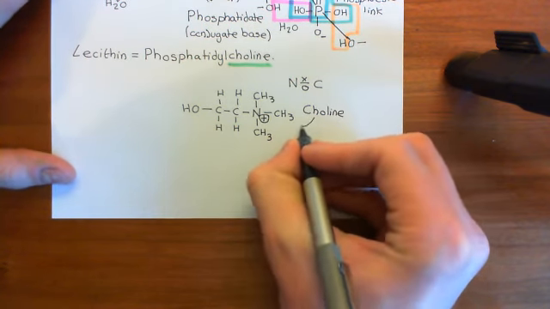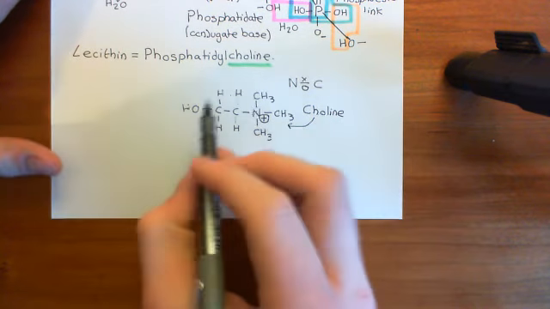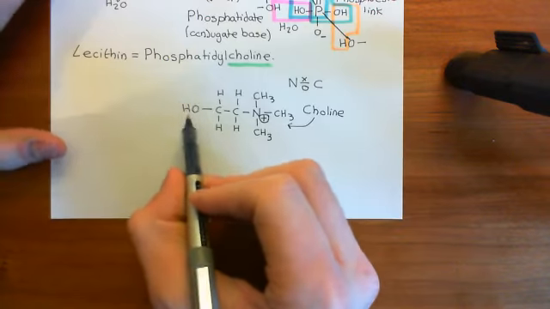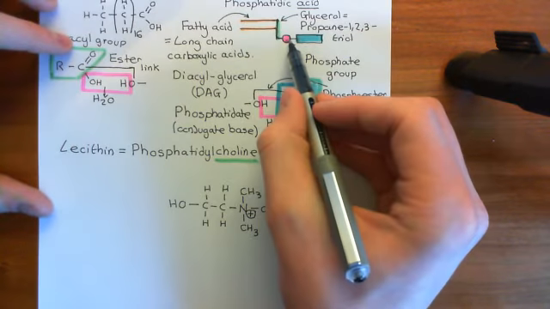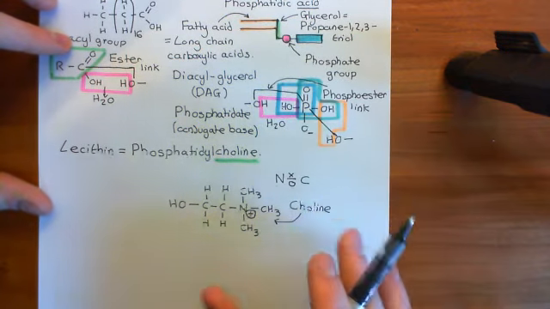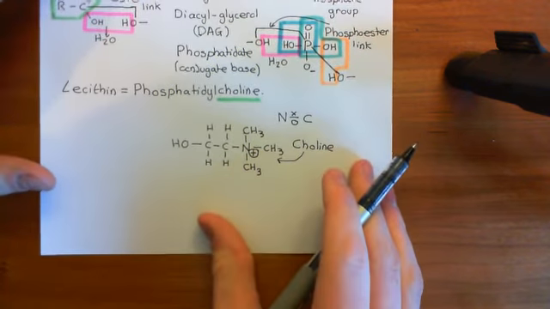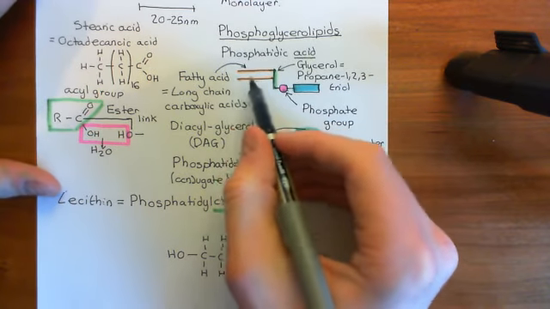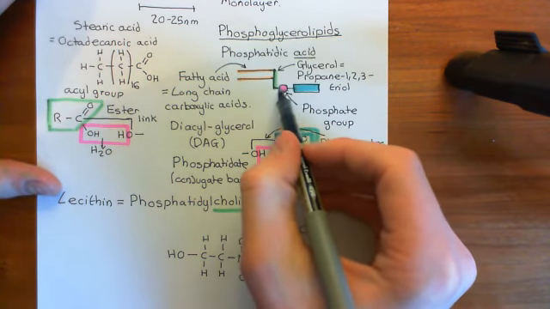So this is the structure of a choline molecule. All that you need to do to create phosphatidylcholine is esterify this alcohol group onto the other side of the phosphate group of a phosphatidic acid molecule, and then you've got phosphatidylcholine. Now, this is a phospholipid because we've got a fatty acid and a phosphate group.